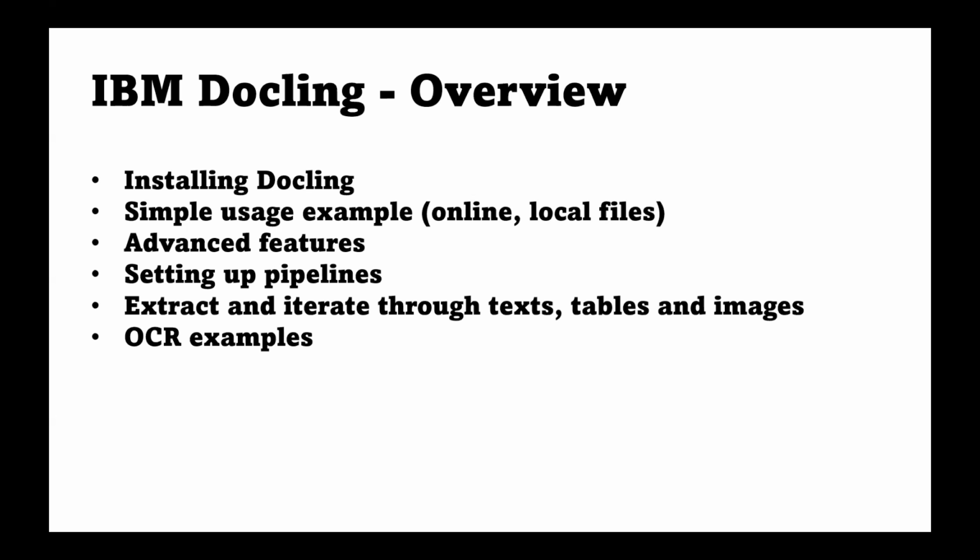Then we will talk about the advanced features, where we will be setting up the pipelines with various settings. Then we will iterate through different sections or segments in a document, such as text, tables, and images. Then we will talk about how we can store them separately with the references. And finally, I will talk about some OCR examples. Okay, let's move to our Python notebook.